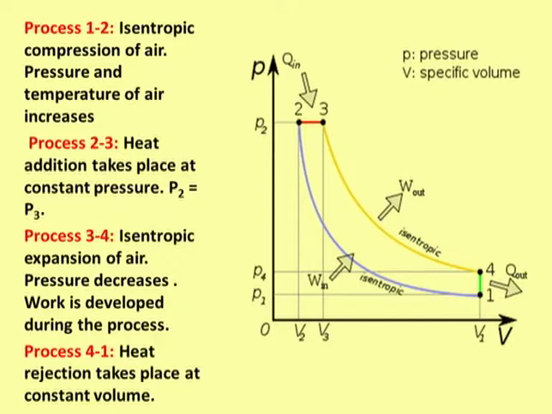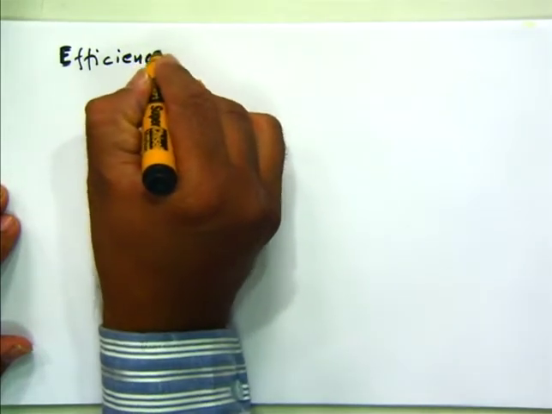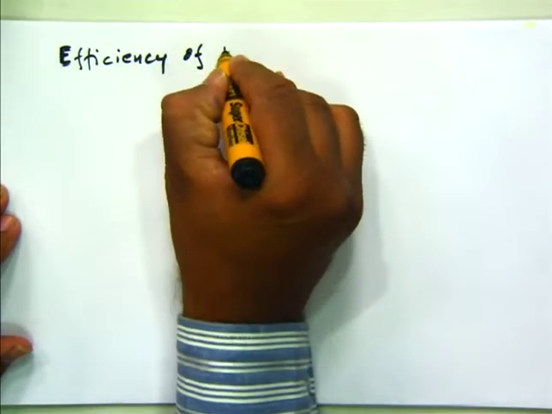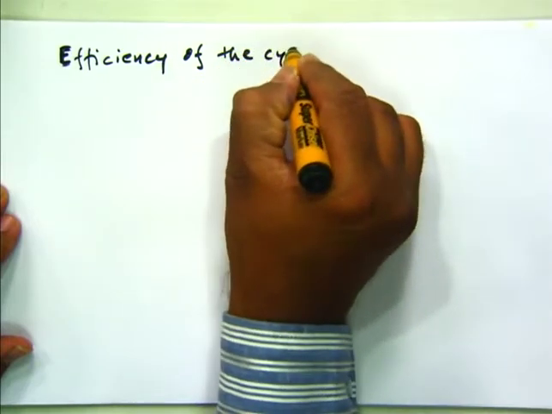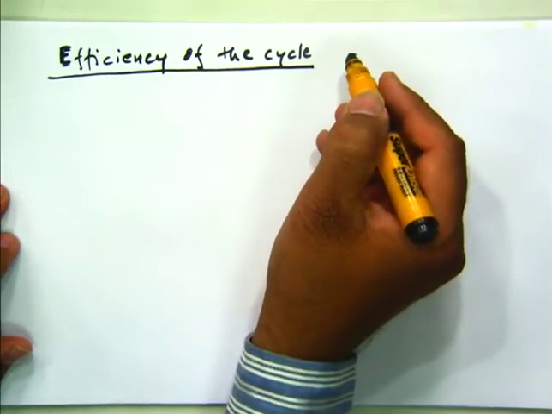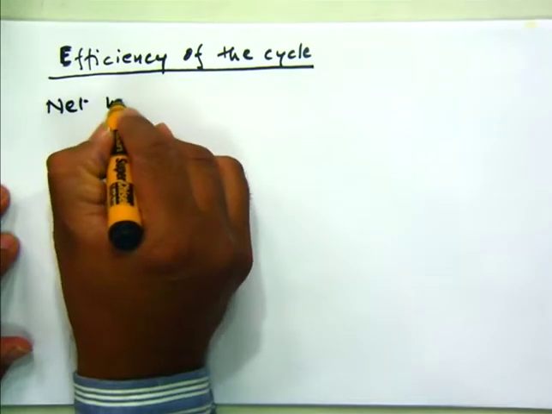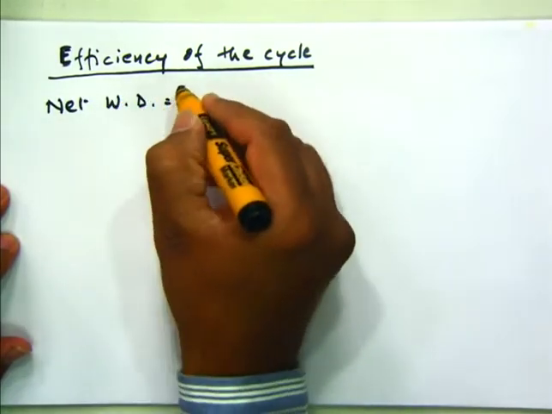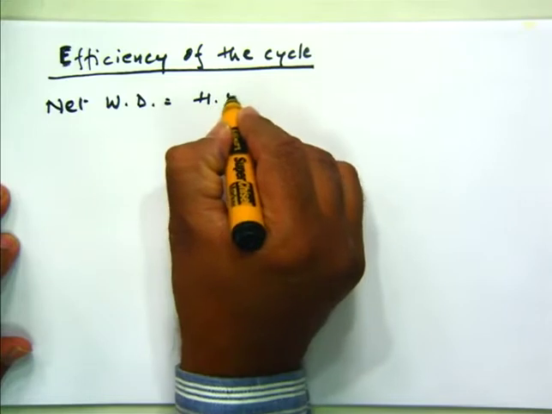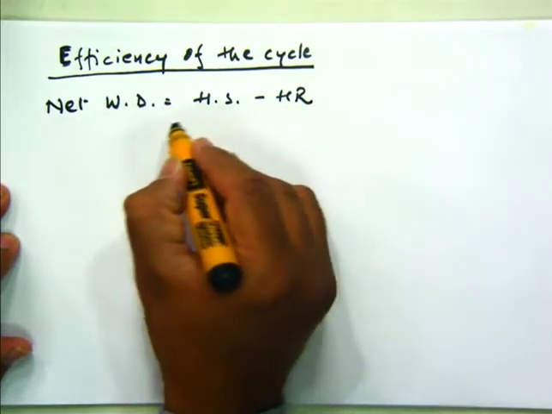We are interested in carrying out the analysis and finding the formula for the efficiency of the cycle. First, net work done is equal to heat supplied minus heat rejected.